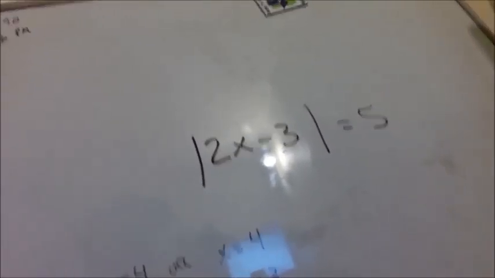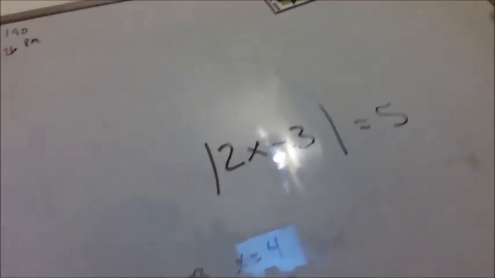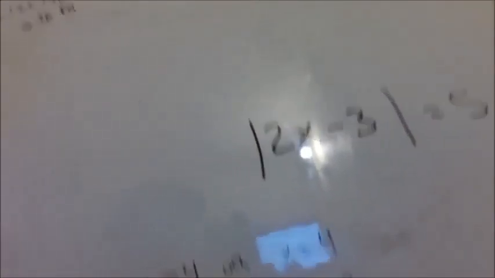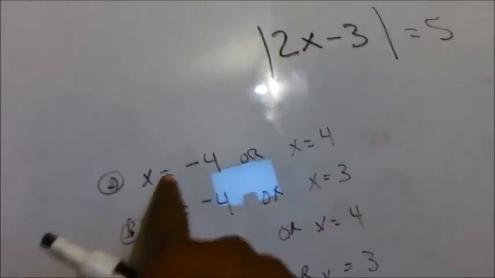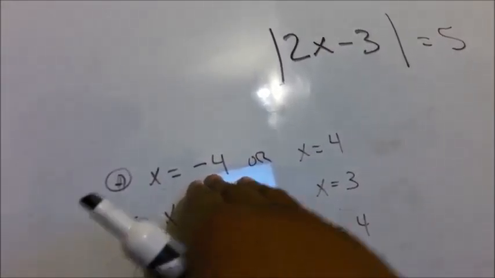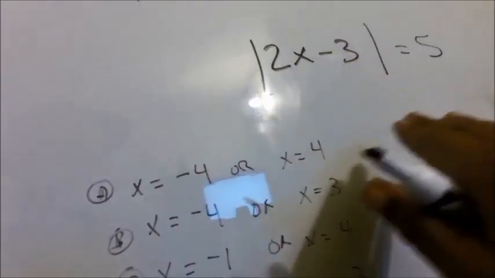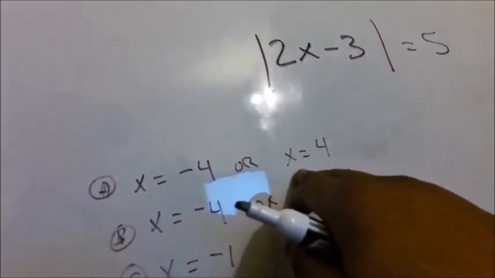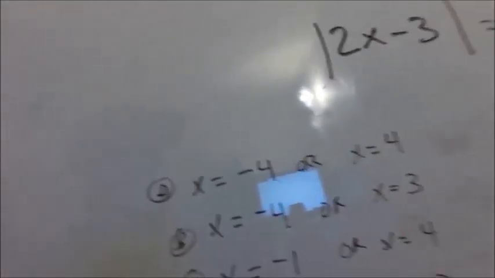So when you're looking at a test and you're going nuts, relax. All you have to determine when you select one of these answers is, if I plug in negative 4, what will I get? Or if I plug in 4 into x, what would I get? Let's take a look.